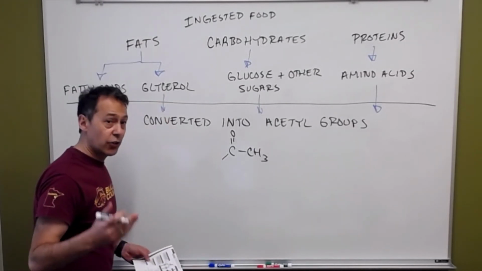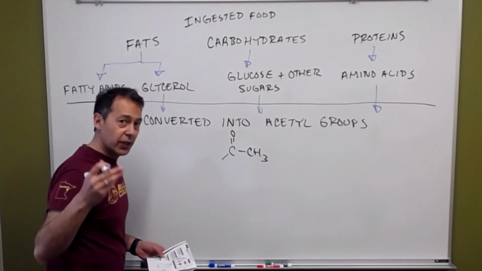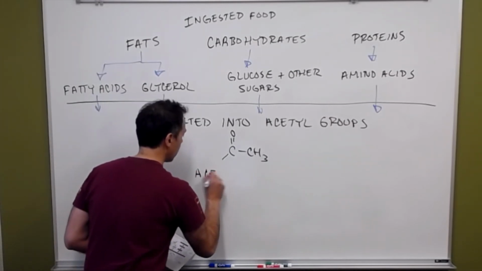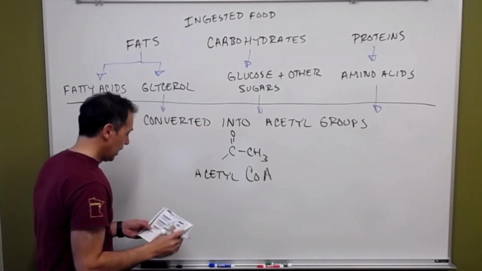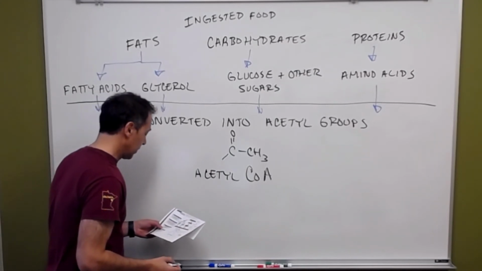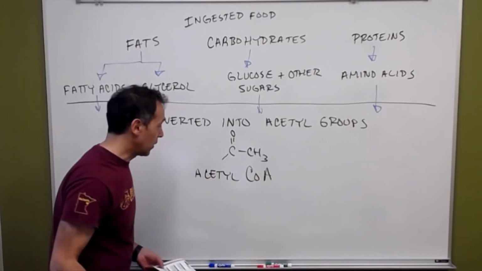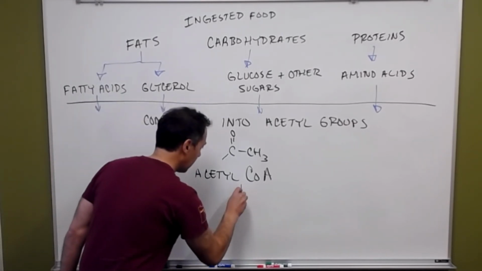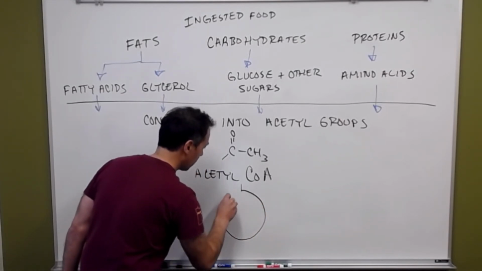So in stage 3, these acetyl groups here are part of coenzyme A. So they're acetyl CoA, and acetyl CoA then becomes oxidized, and then it goes into what we call our citric acid cycle, and this is a series of biochemical pathways that goes like this.